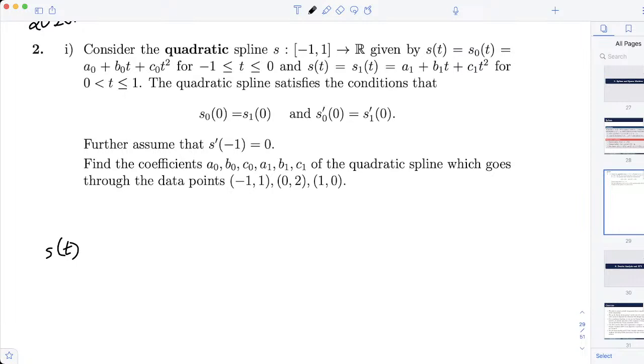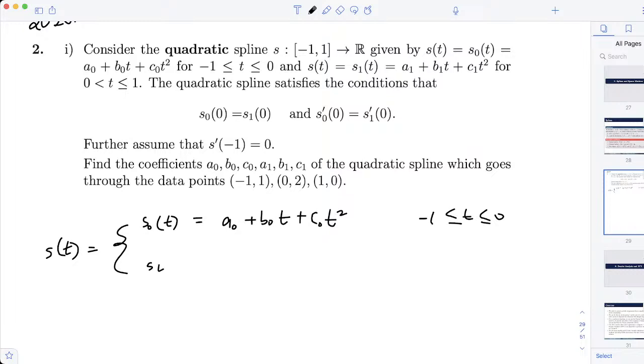So we have our spline. It's piecewise, it has 2 parts. The first part is this, and that's for -1 ≤ t ≤ 0. And then the second part of our spline is just the same thing.